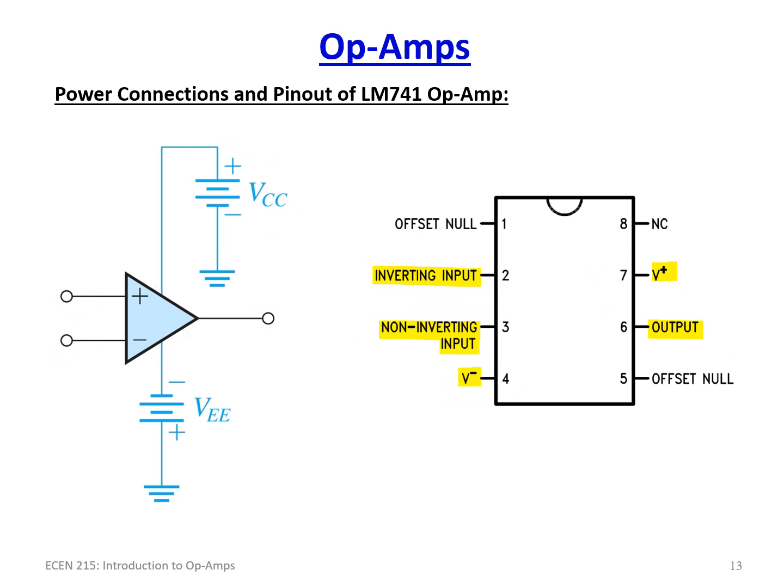Now there are two other pins, if you notice. There's a thing called an offset null, and this is for nulling out the output. Normally this is left open, but it is there for you to correct for any drift that the op amp will have.